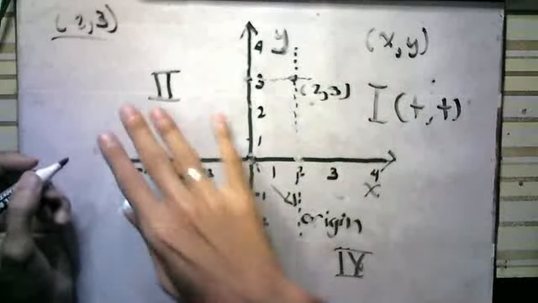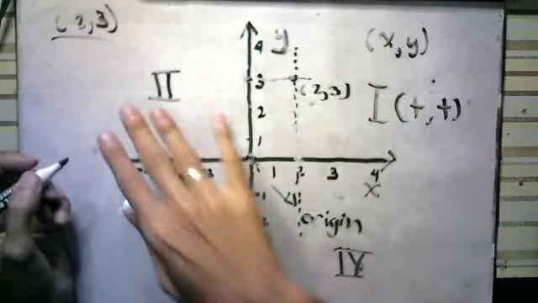In the second quadrant, you will notice that the x-axis is negative and the y-axis is positive. So, negative, positive for the second quadrant. In the third quadrant, the x-axis is negative and the y-axis is also negative.